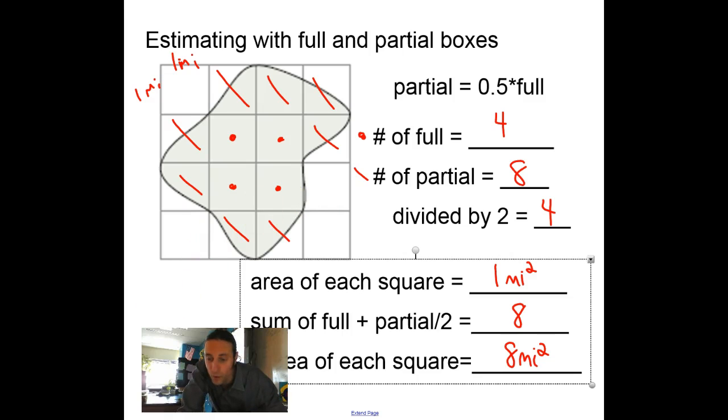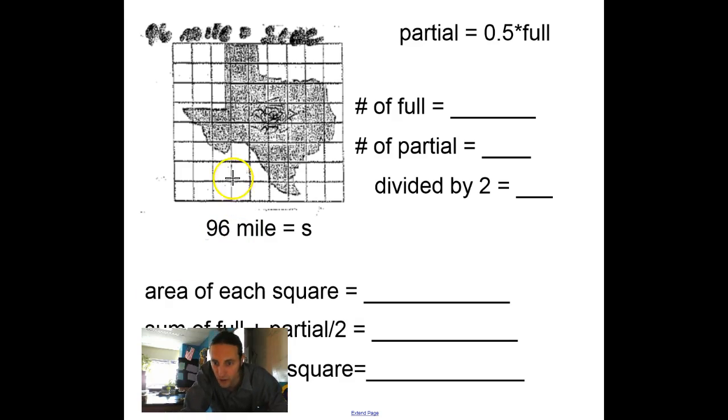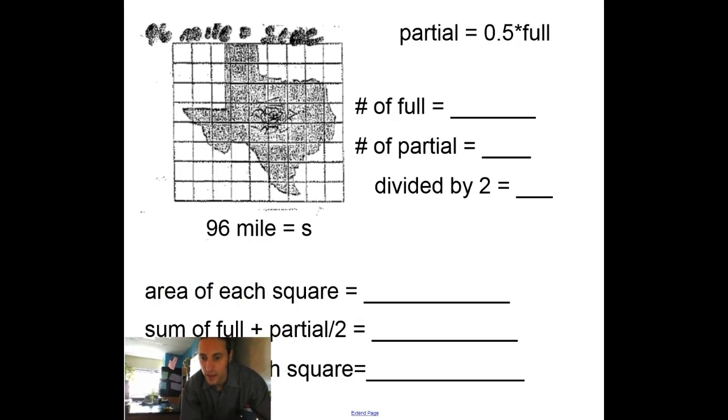So let's do one more problem, and we'll use the great state of Texas. Now, in this problem, the side length of each little square is 96 miles. So right off the bat, let's just say, what is the area of each square? 96 miles, so 96 squared, right?